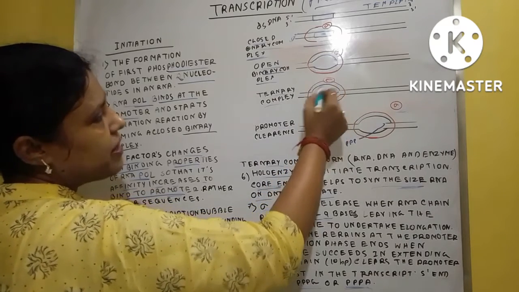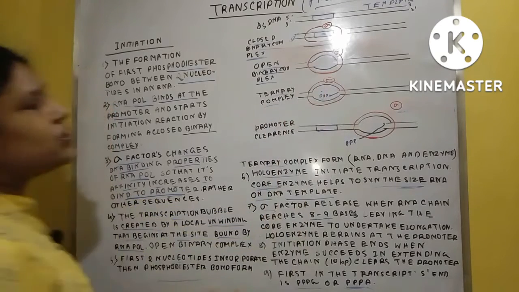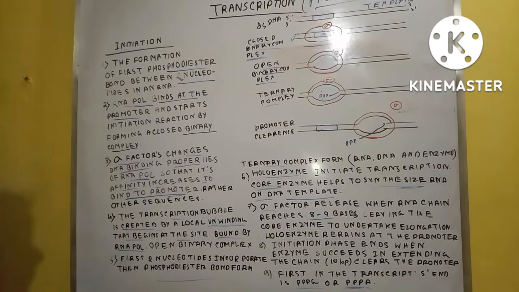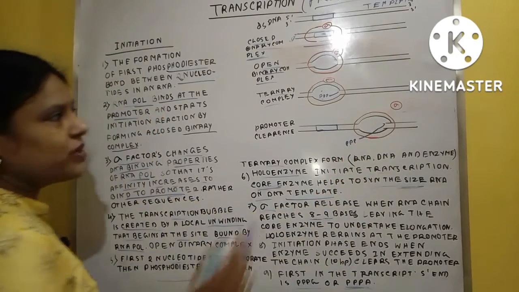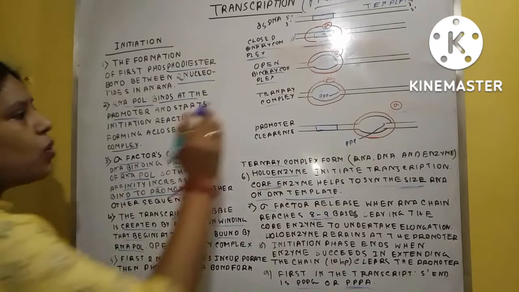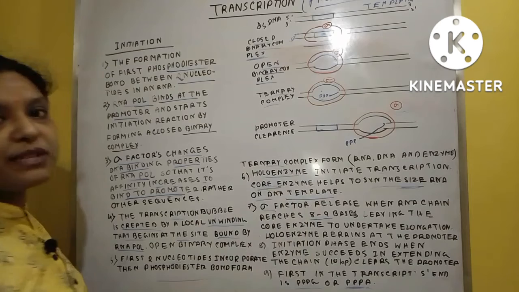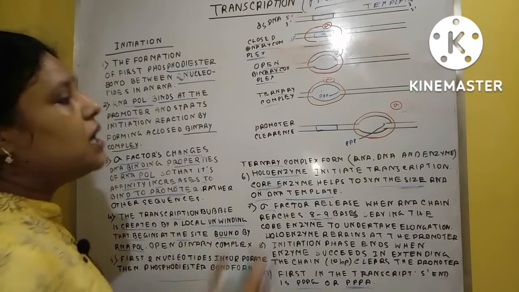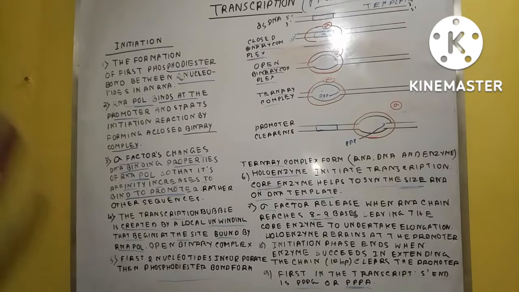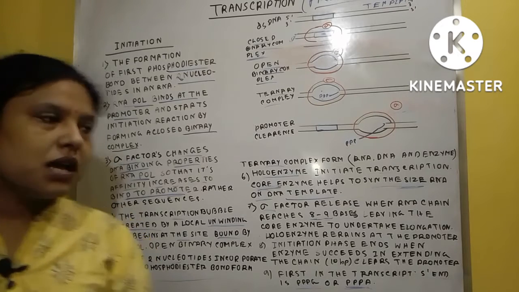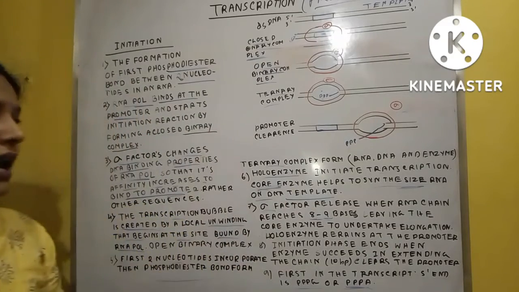That means you can see the mRNA chain here, and the ternary complex is formed. In the next step, the sigma factor attached to the holoenzyme is released, and the core enzyme takes total responsibility for the transcription process, forming the mRNA chain. So this is transcription initiation, and the two important parts after it are elongation and termination. We learn them after that.